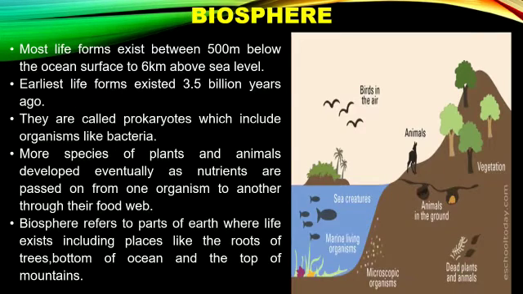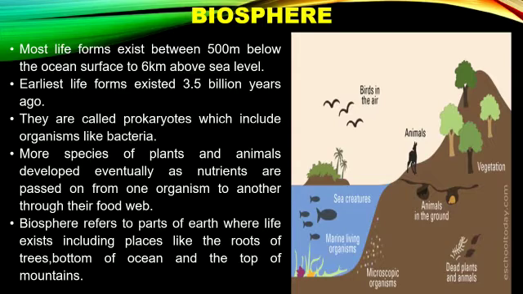Coming to the last sphere of the Earth, the biosphere: most life forms exist between 500 meters below the ocean surface to 6 kilometers above sea level. Biosphere includes all the living things of the world.